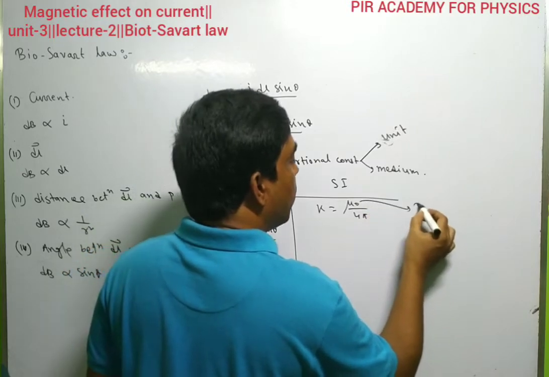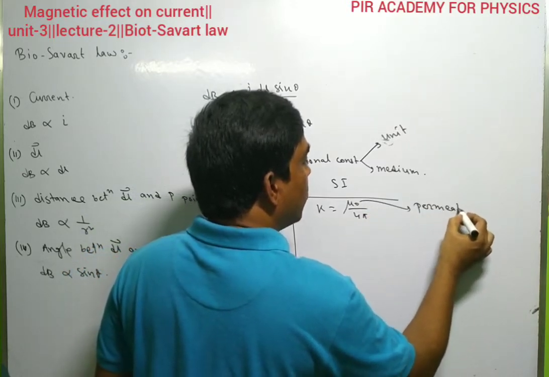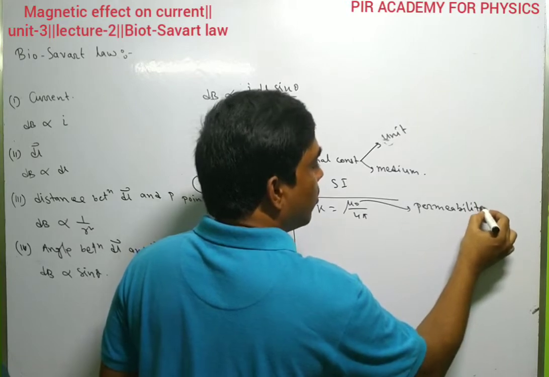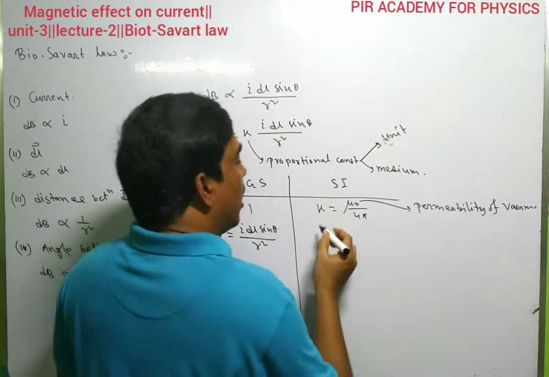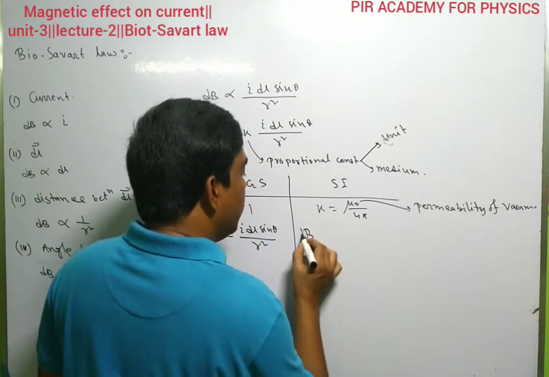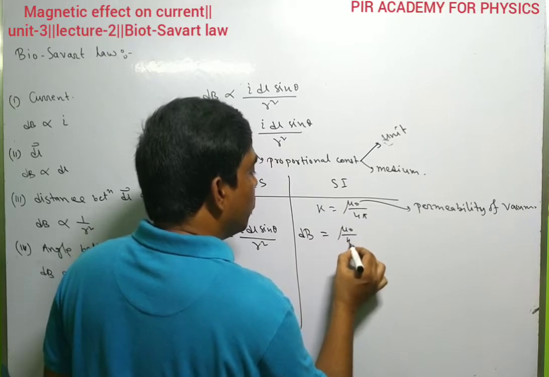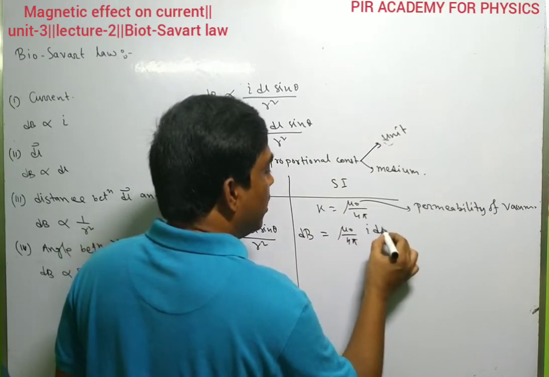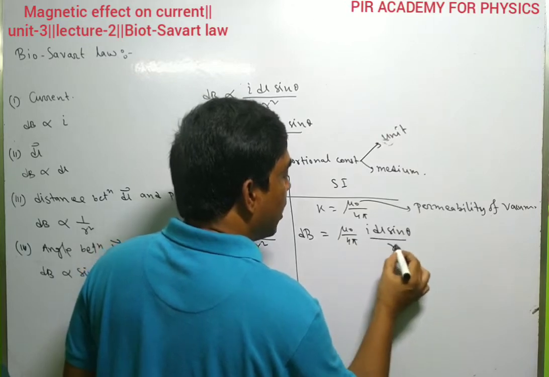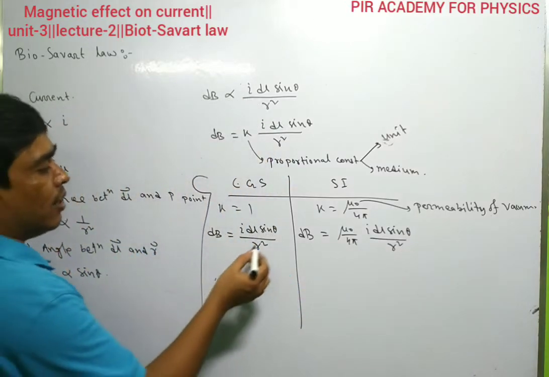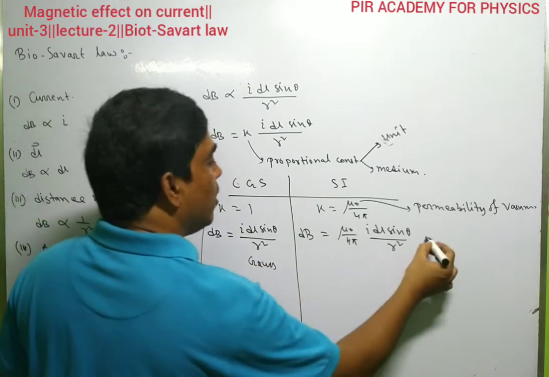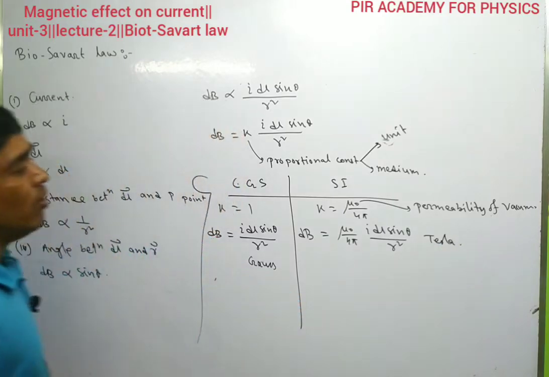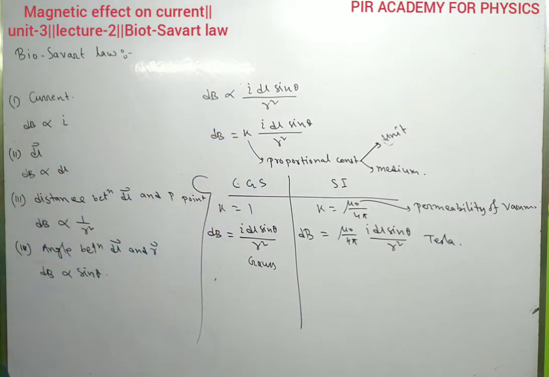Mu 0 is the permeability of vacuum, and it can be written as dV equals mu 0 by 4 pi into I dl sine theta divided by r square. The unit of the field is Gauss in CGS, and it will be Tesla in SI. So these are the two unit systems of this Biot-Savart law.